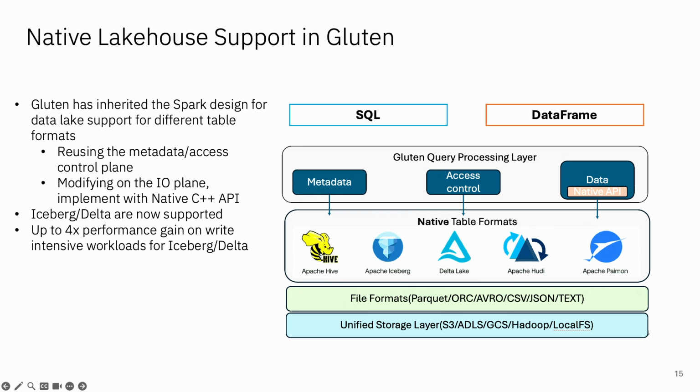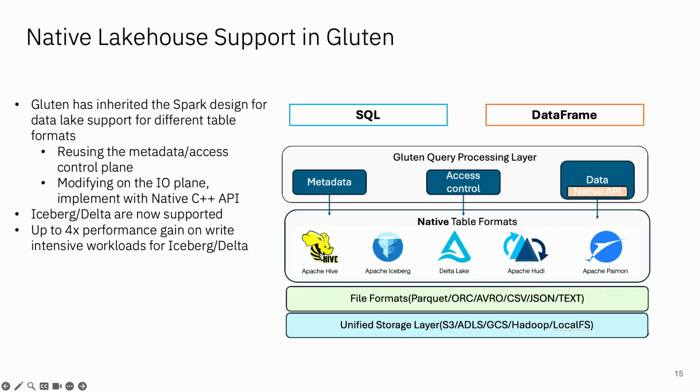So in this picture, we show the approach we are using. We reuse all of the control plane, so the metadata plane is not changed at all. Instead, we are just hooking into the data plane. For example, for the write code path, we just add a hook, then offload the write to the Velox writer.